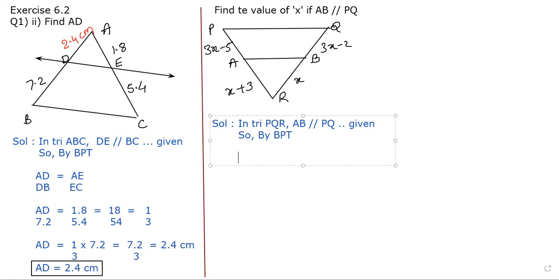PA upon AR is equal to QB upon BR. Put the values, get the answer. Solve it. So what should I put here? 3x minus 5 upon x plus 3 is equal to 3x minus 2 upon x minus 2 upon x.